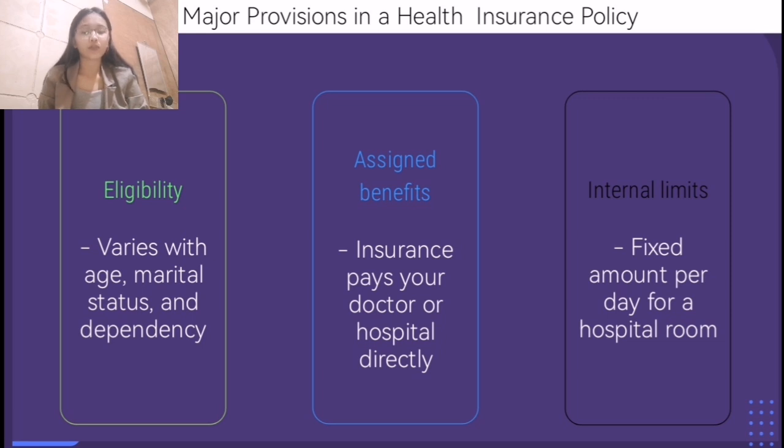They have maximum amounts for the coverage of the services provided during your hospitalization. And if you exceed that amount, you yourself will pay the remaining amount during your hospitalization.